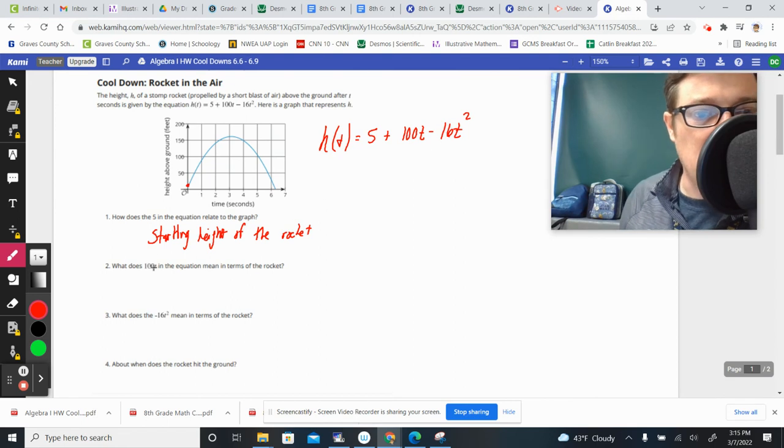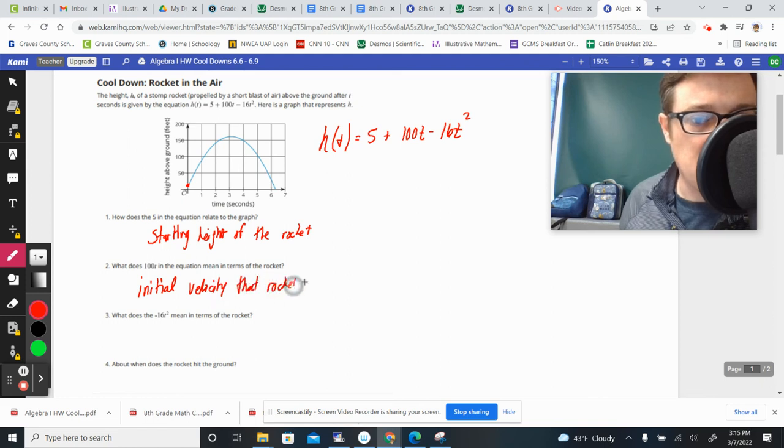So 100t represents the initial velocity that rocket is traveling. So this is the speed at which it comes out of the stomp. So the air that pushes it up, that's how fast it's moving right at the beginning.